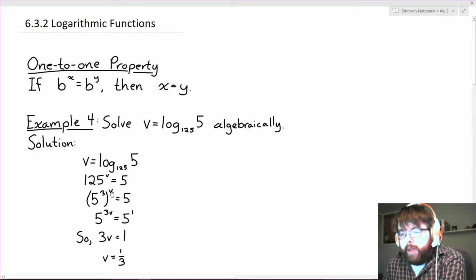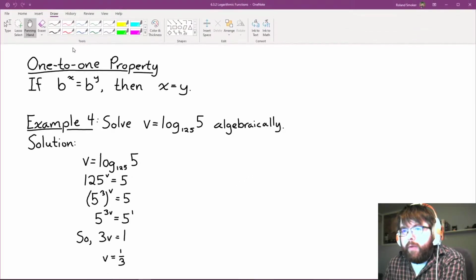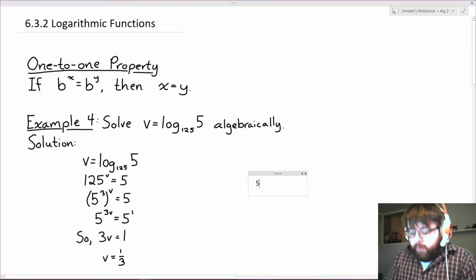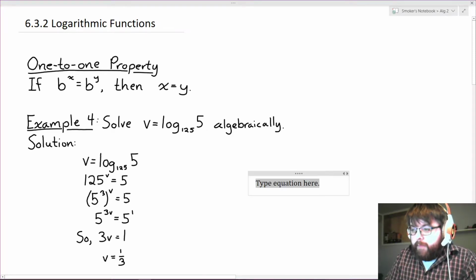You can rewrite this as 5 to the 3 times V. Okay? Properties of exponents. If you have base B to the A to the B. Let me type this up. I can't write, unfortunately, but I can type stuff up. I can't write in real time.